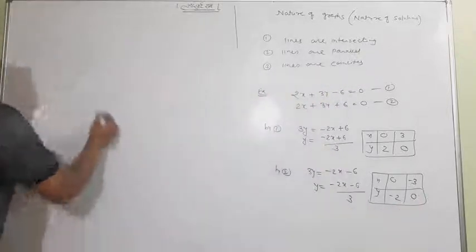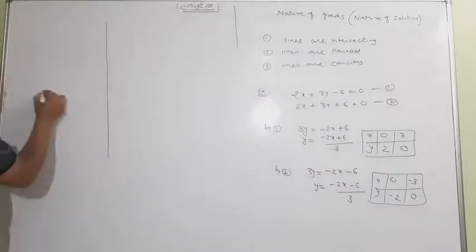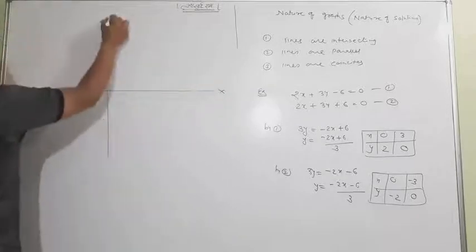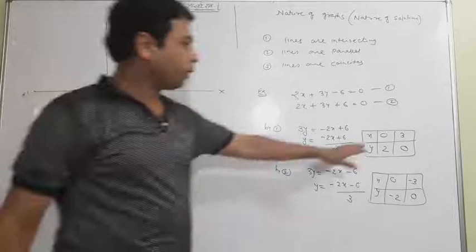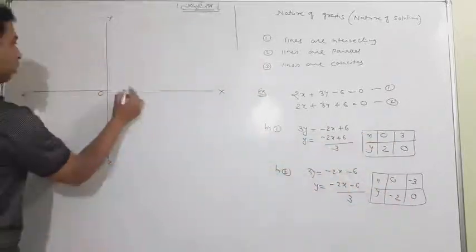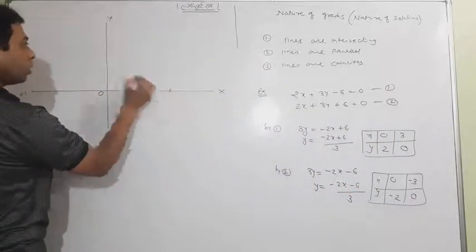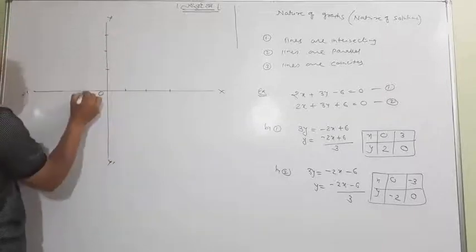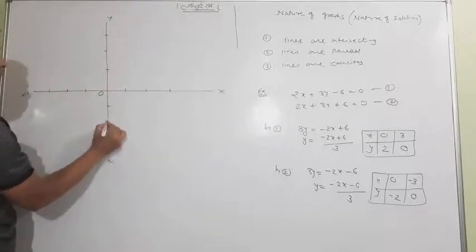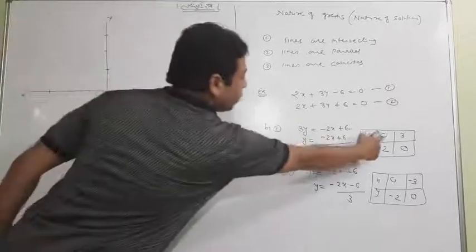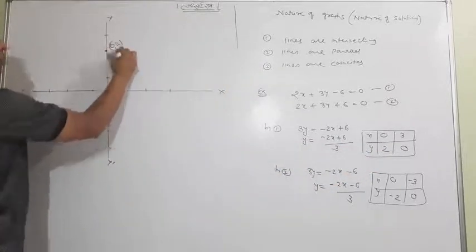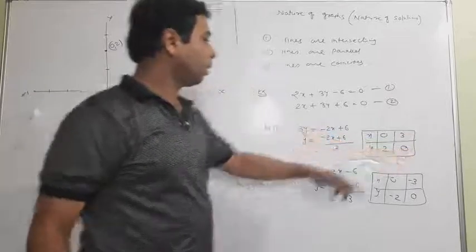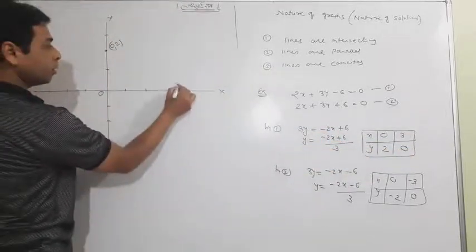Now students, when we have found the values, we will draw the graph. Suppose it is 1, 2, 3 on each axis. First, 0 and 2 lies on the positive y-axis here. 3 and 0 will lie on the x-axis here.